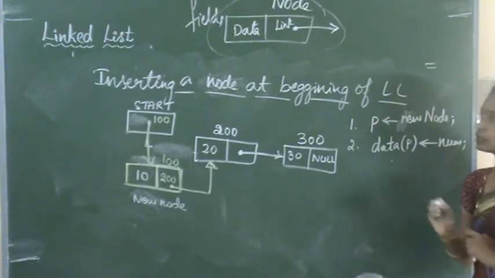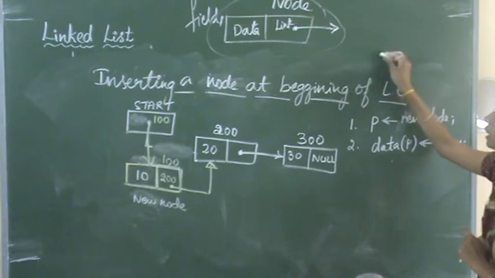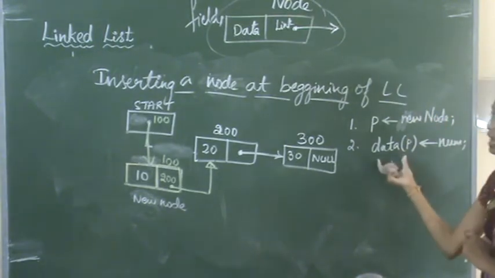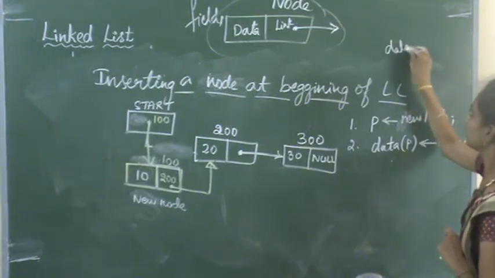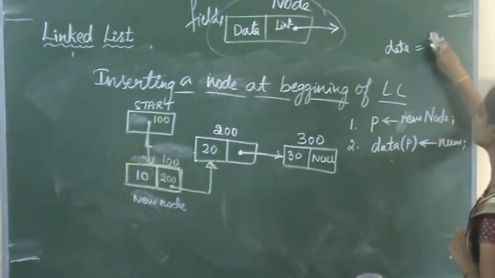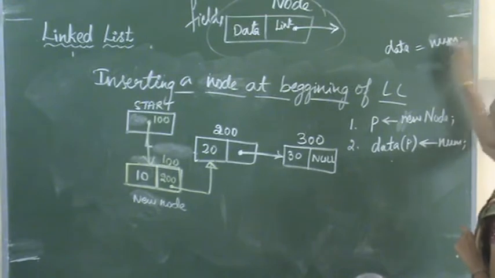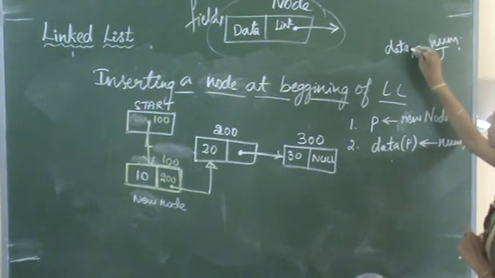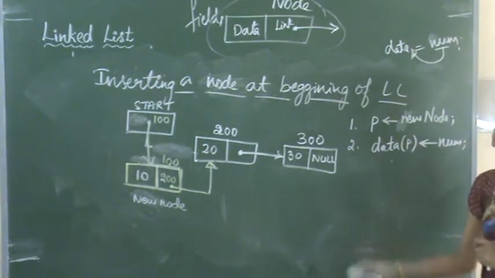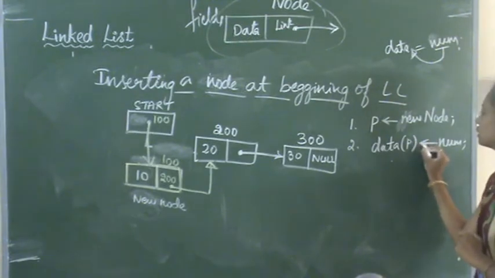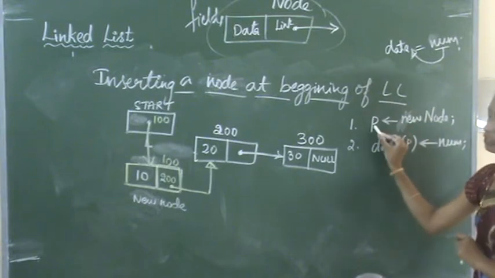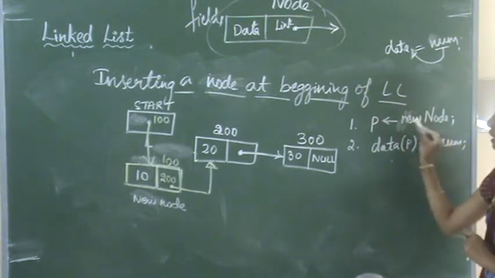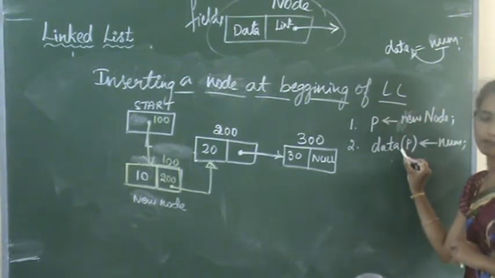Normally, if I want to provide a value to data, I will write data equals 5 or data equals num, which means the value present in num is assigned to data, right? So here in pointers we use these arrow marks, which means this will be assigned to this. So now num is assigned to the data of P.